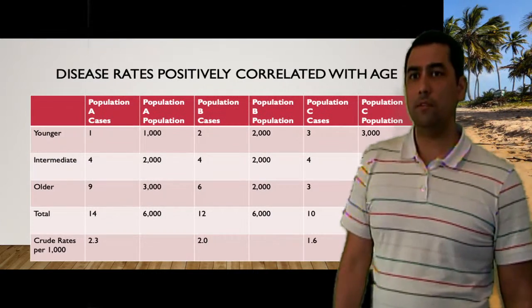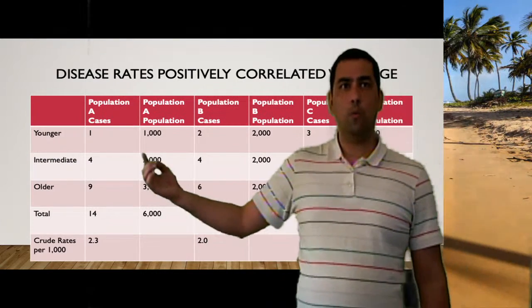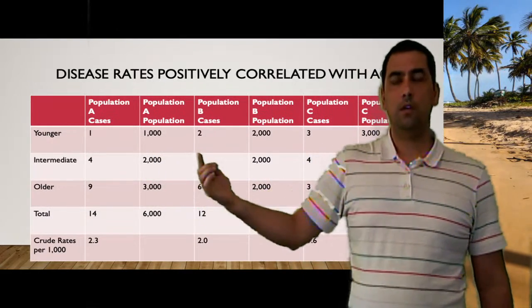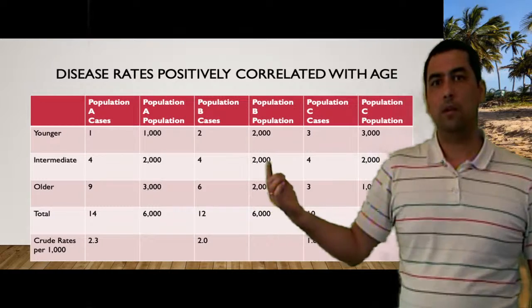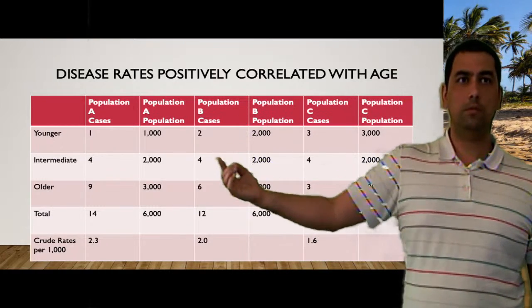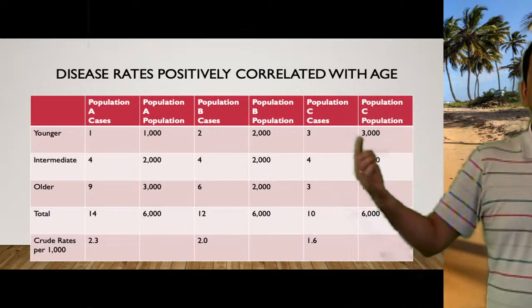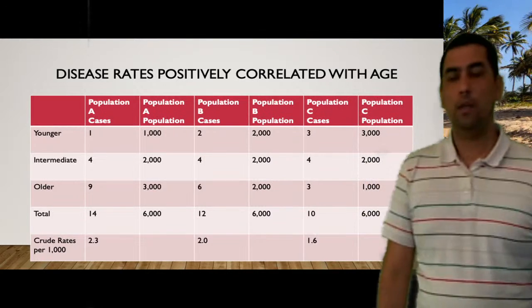Because you have one case for 1,000 in one stratum, but you have 2 for 2,000 and 3 for 3,000, the same proportion.